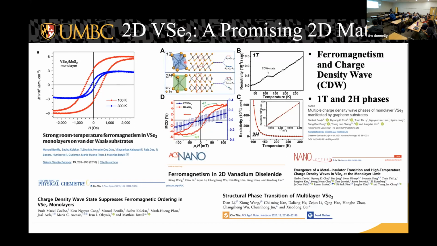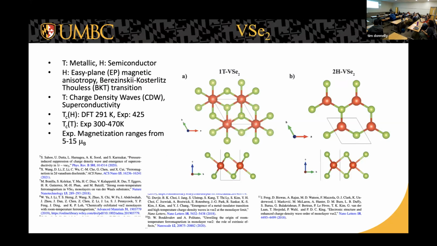First of all, there are a gazillion papers published in fancy journals claiming different things. The other complexity is that you have 2 competing phases of this material. So you have the magnetism involved, the competing phases, and this is a correlated material.